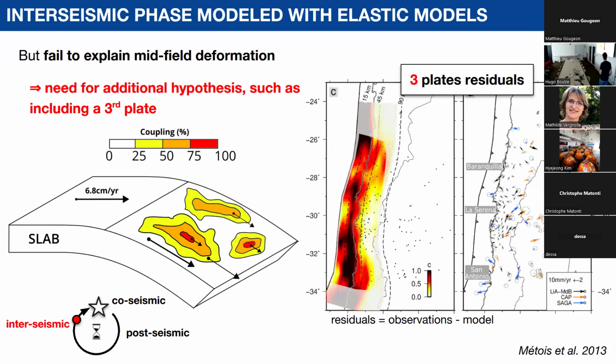And so elastic models in that case require another plate, a third plate, to diminish this residual. And this is what we call a sliver. Other people use the term of other physical processes that we call underplating. So we need another hypothesis to explain this midfield deformation.